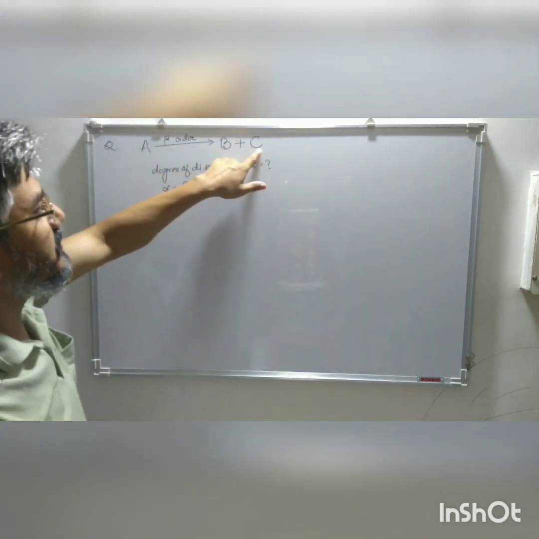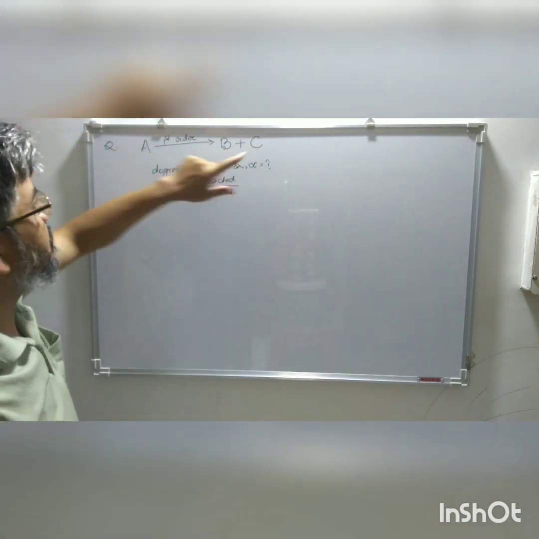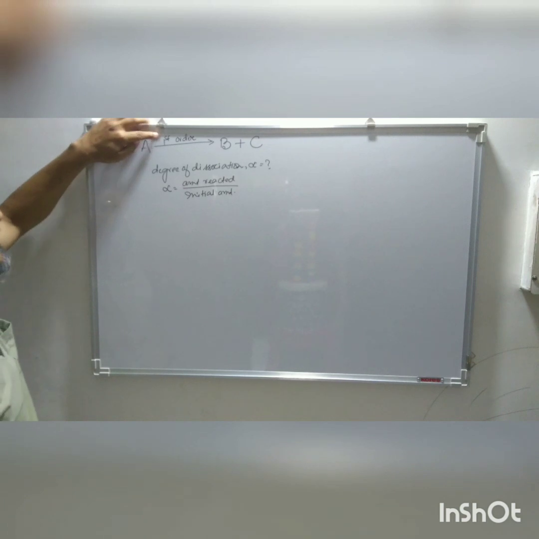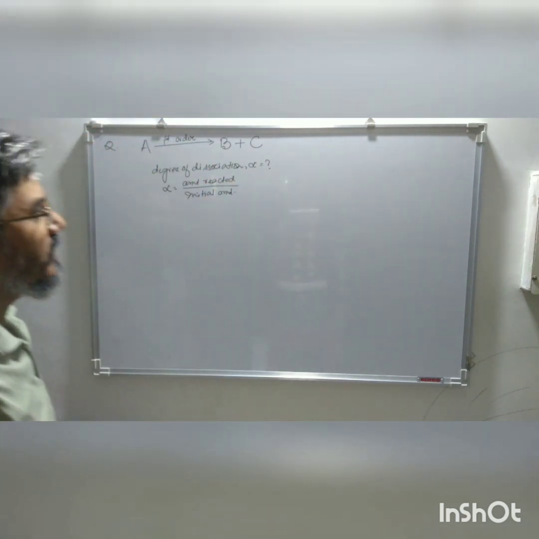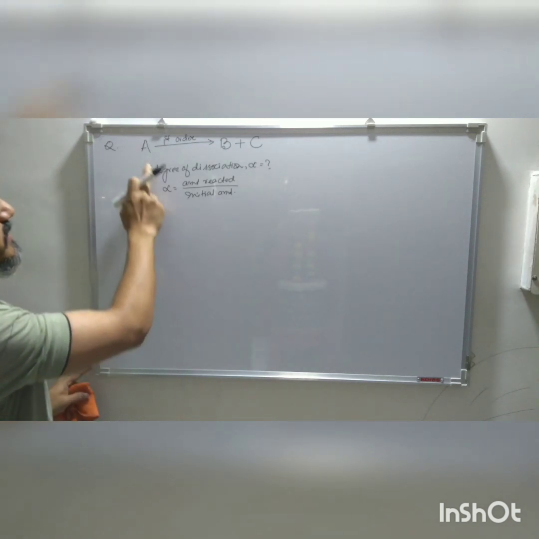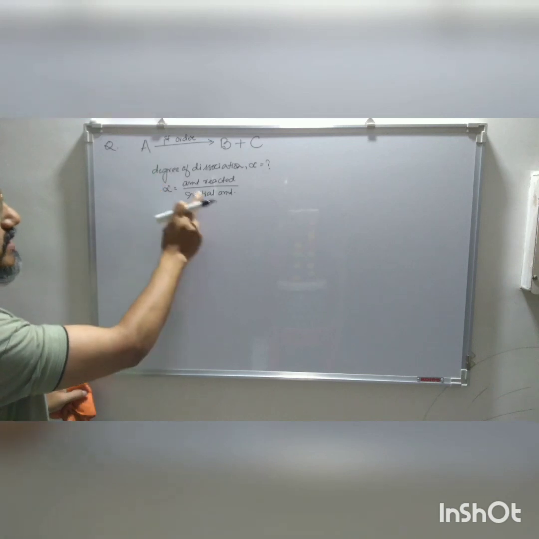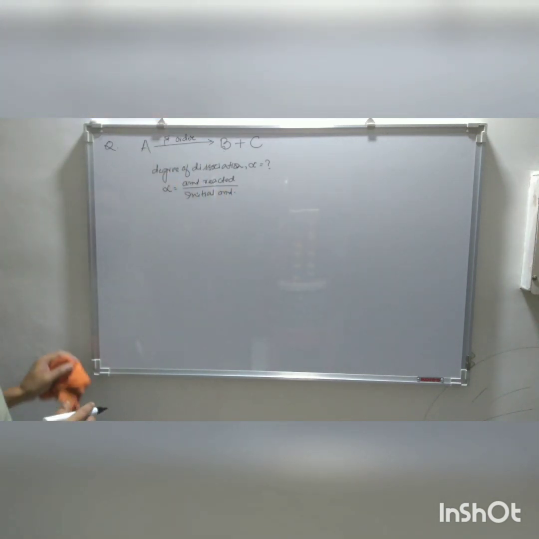So for this reaction with these characteristic problems, the question says we have a first order reaction A that reacts to give product B and C, that is, A decomposes to give B and C by first order kinetics. Then what is the degree of dissociation of this reactant, alpha? We define alpha as the amount of the reactant reacted divided by the initial amount. Now we have to find this ratio from the first order kinetics equation.